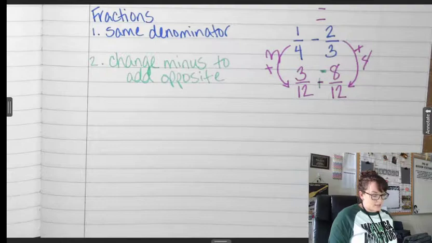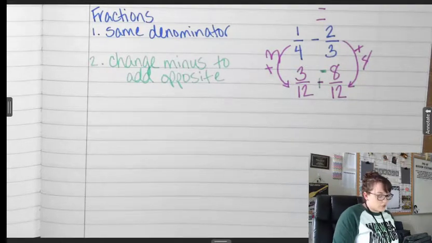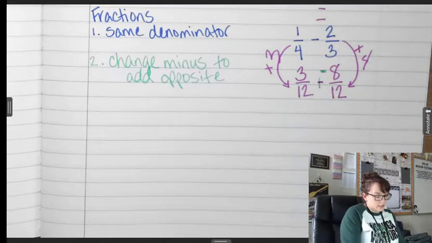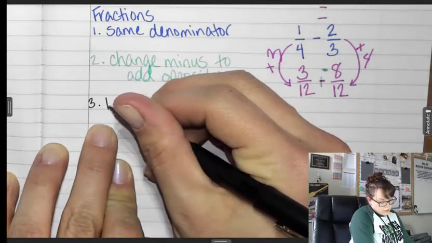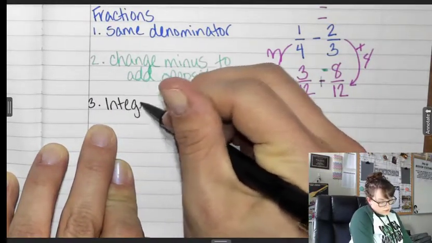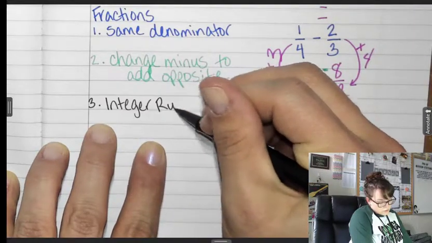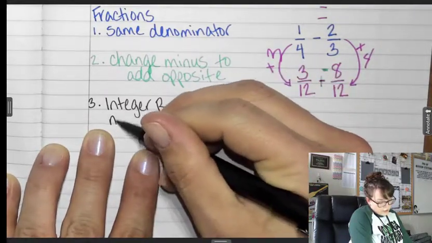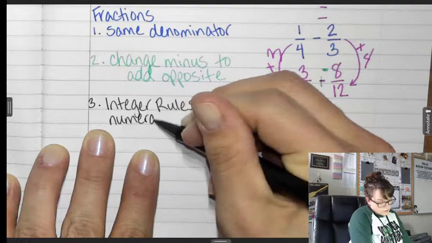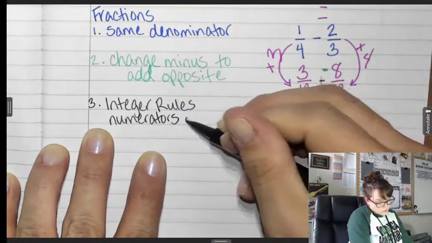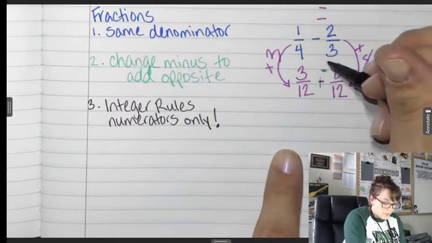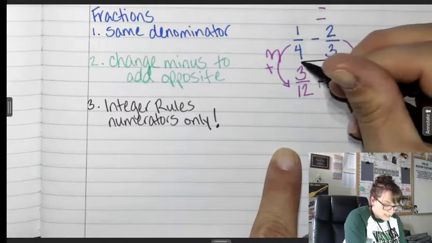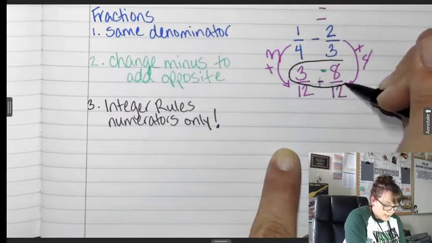All right, next. We do integer rules to numerators only. Integer rules. Numerators only. So I have 3 plus -8.